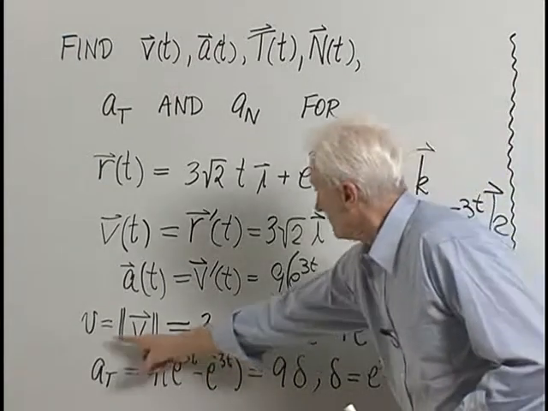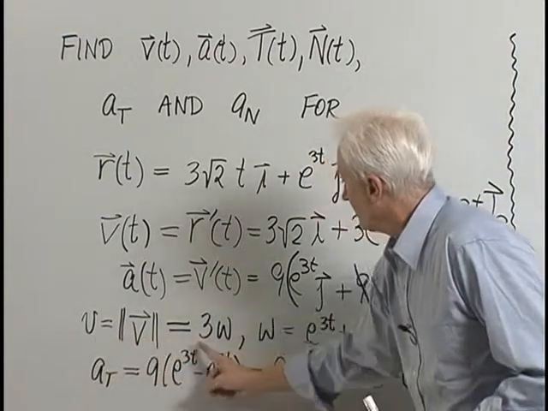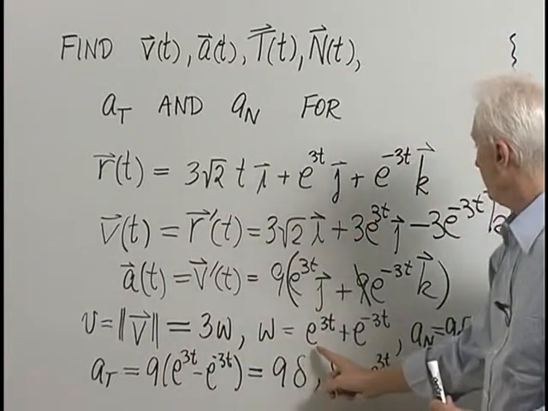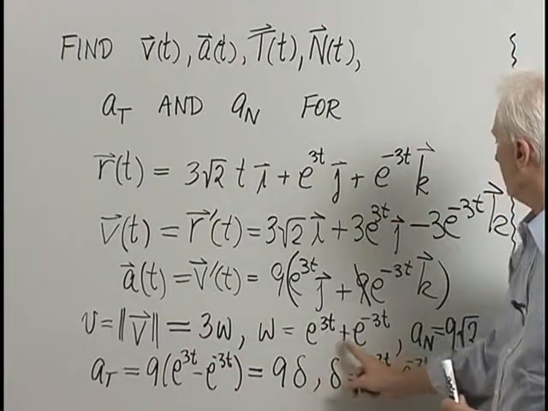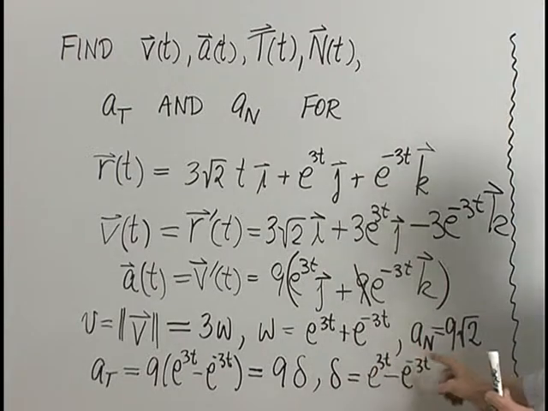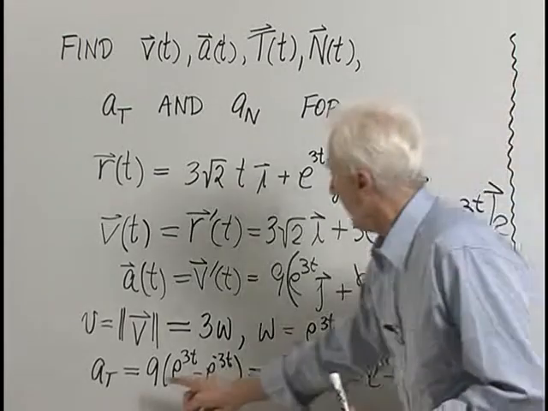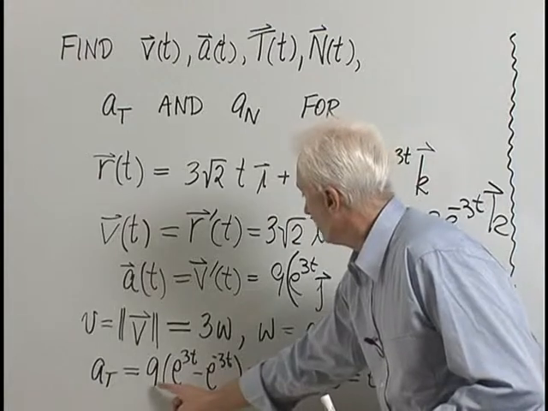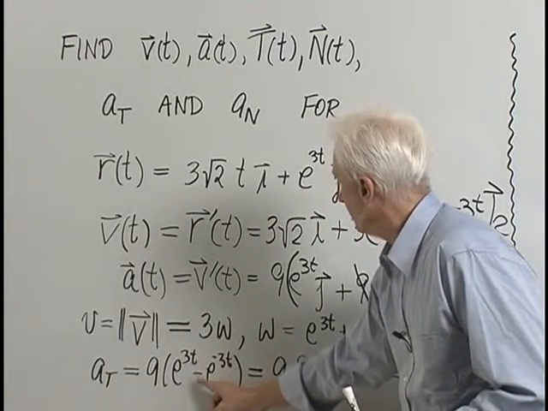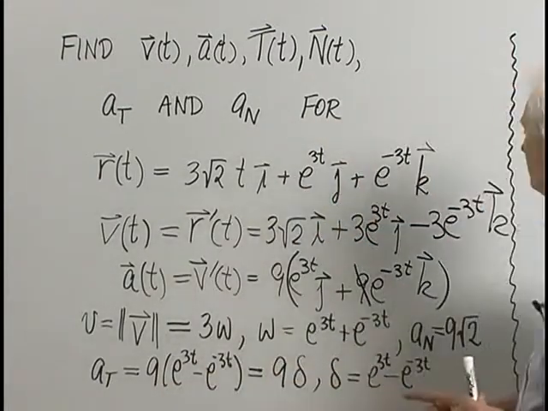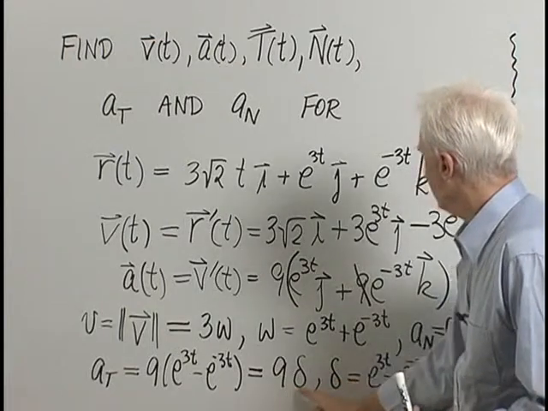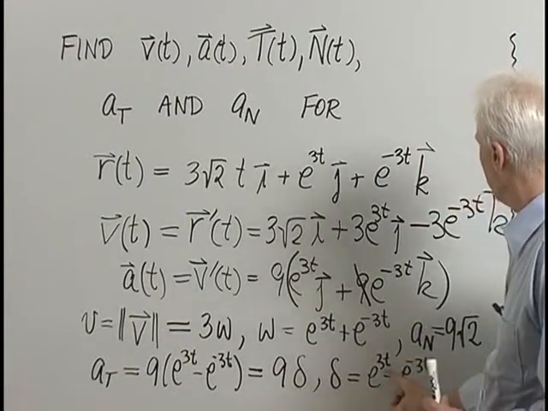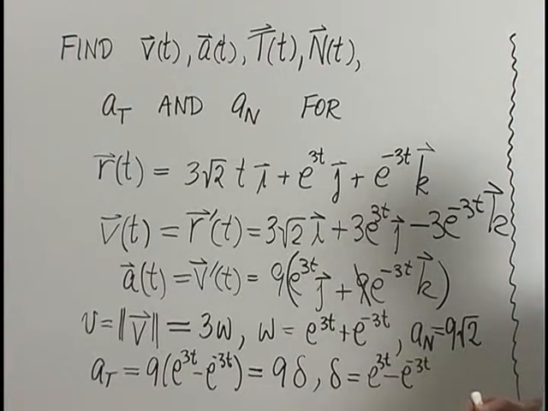We have our speed, that's the length of the velocity, was 3w, where w is the expression e to the 3t plus e to the negative 3t. We found our normal component of acceleration is simply 9 square root 2, and we had found our tangential component of acceleration is 9 times the quantity e to the 3t minus e to the negative 3t, which I can write as 9 delta, where delta is e to the 3t minus e to the negative 3t.